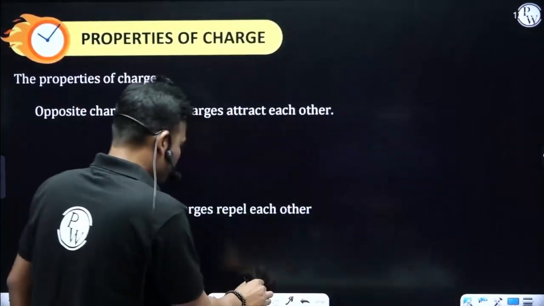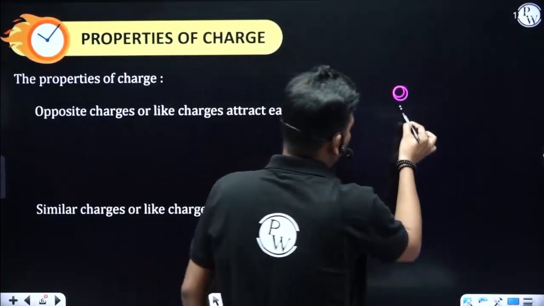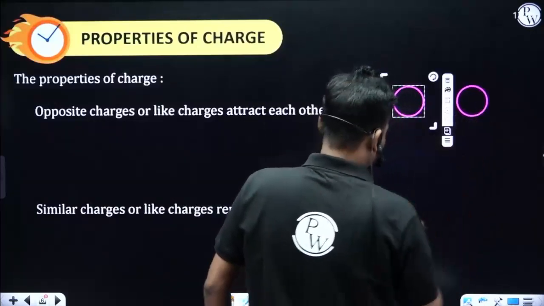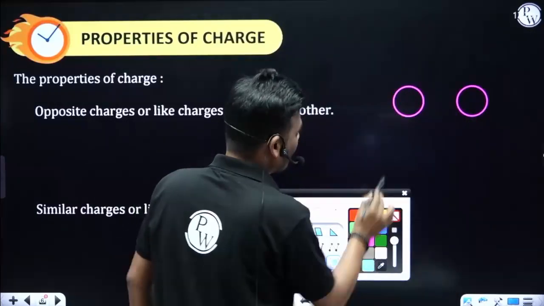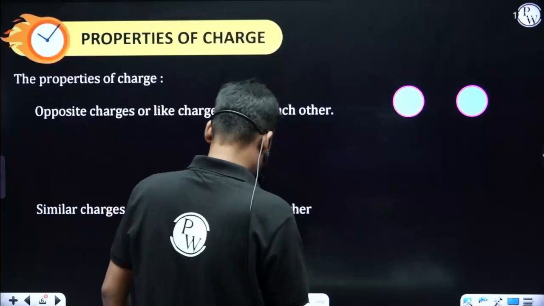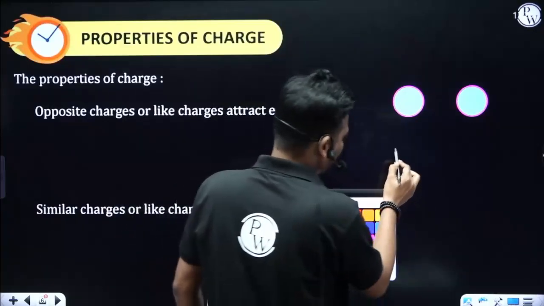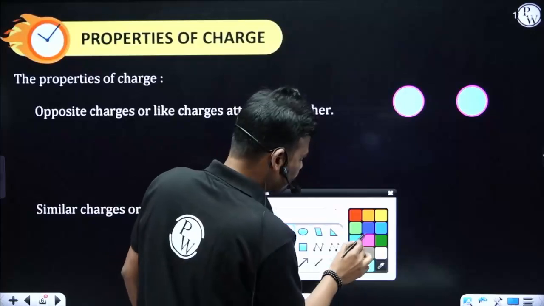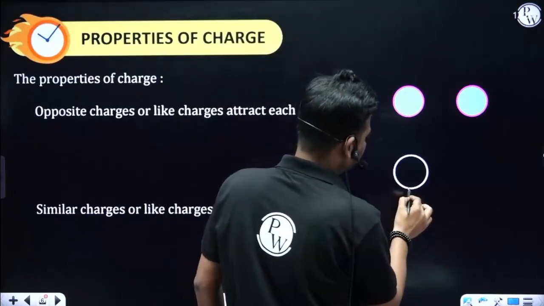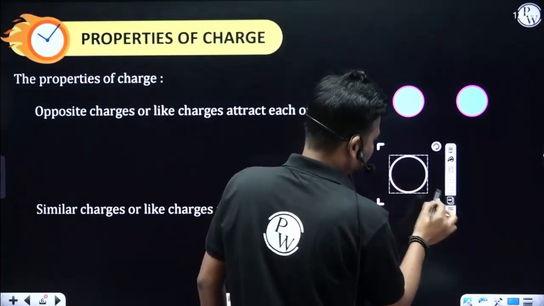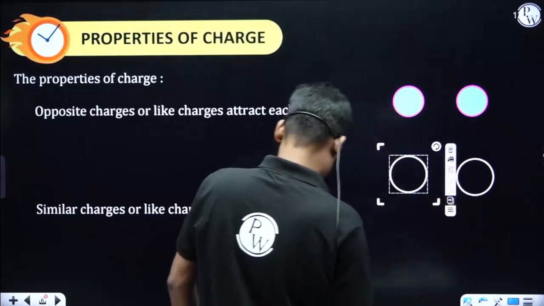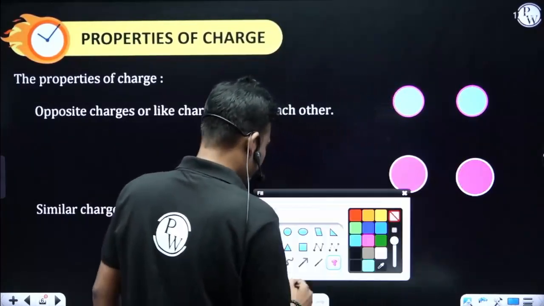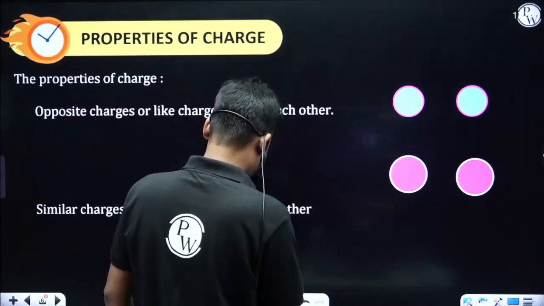Okay, first case I'll consider. And the next case, this is the second case, and the third case.